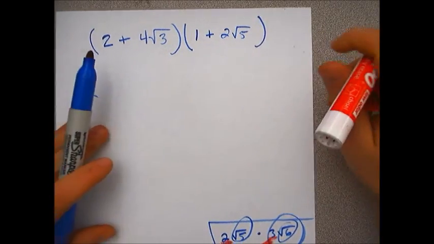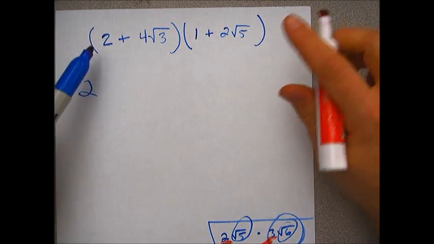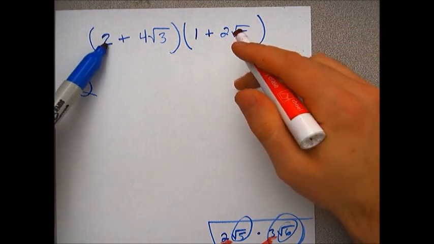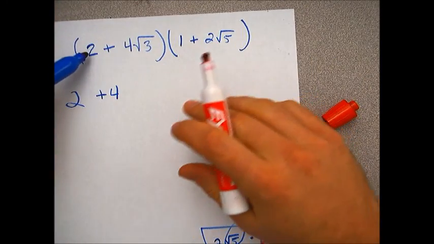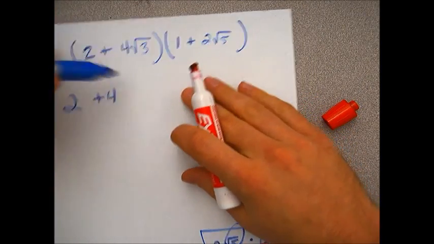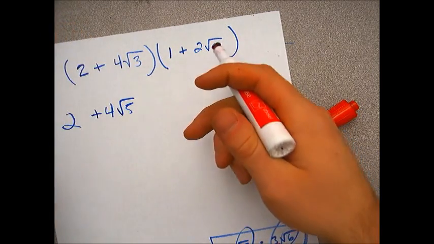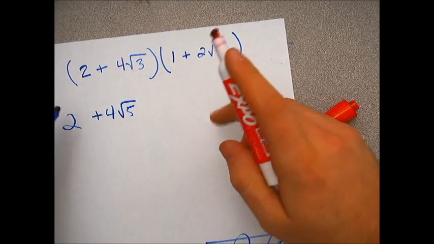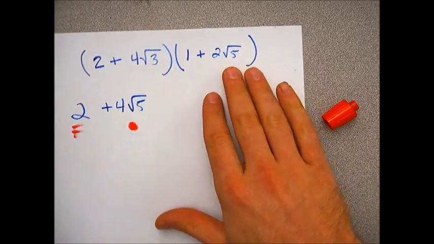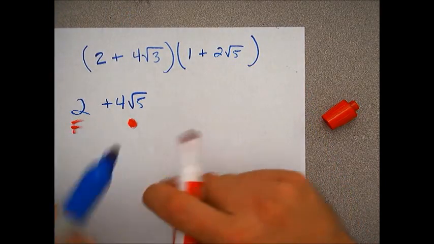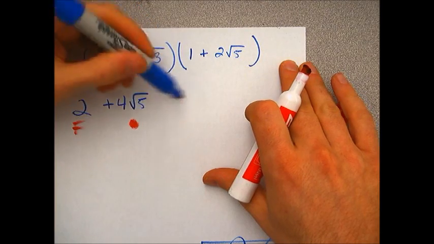So first times first is 2. The outer, 2 times 2 is 4. This one doesn't have a radical, so just bring the 5 along for the ride. I come to my inner. Again, we've done first, outer. The inner now, number times number gives me 4.